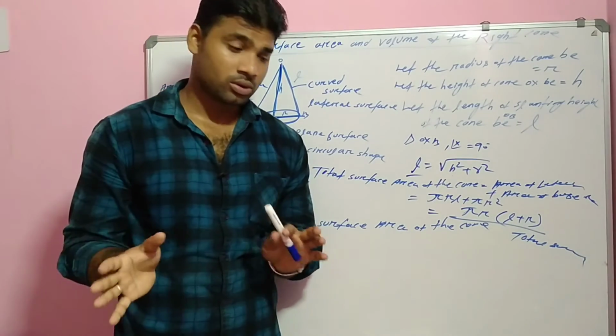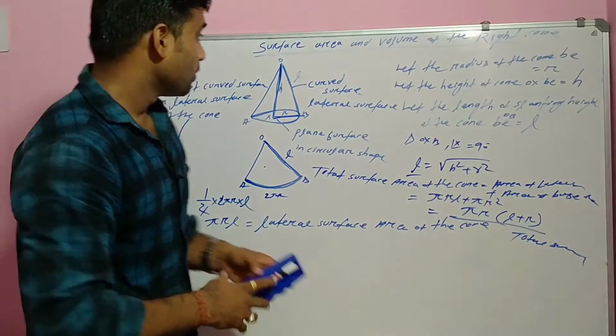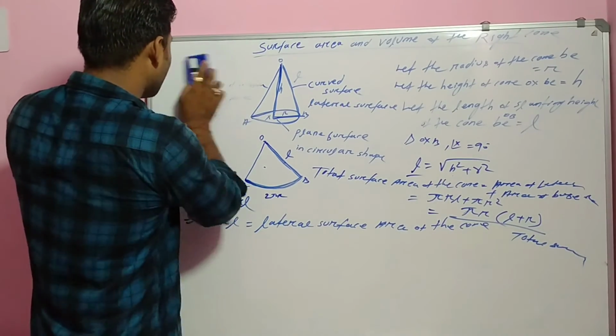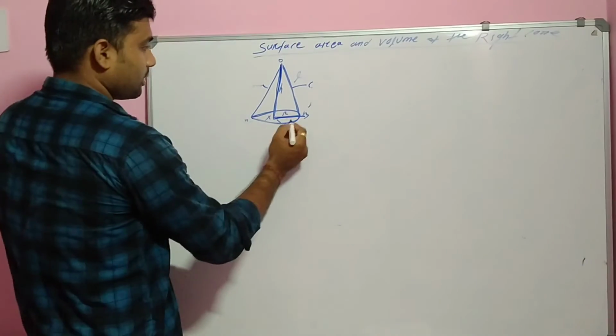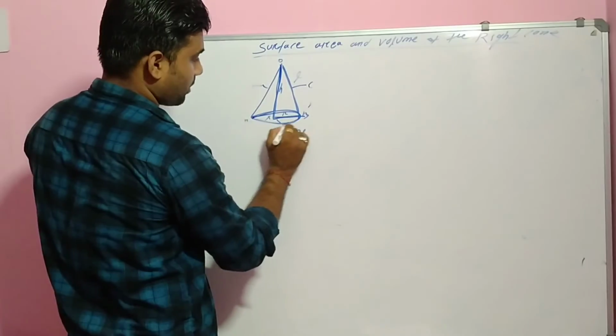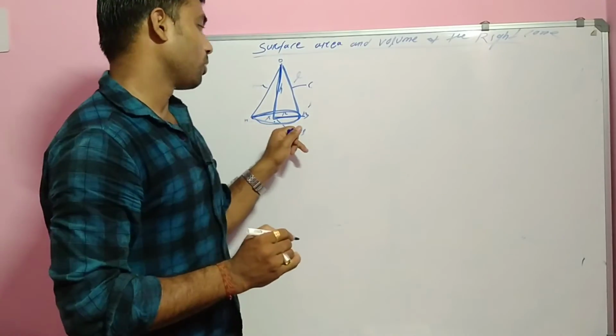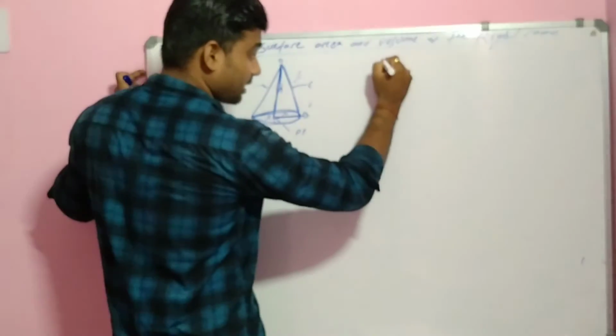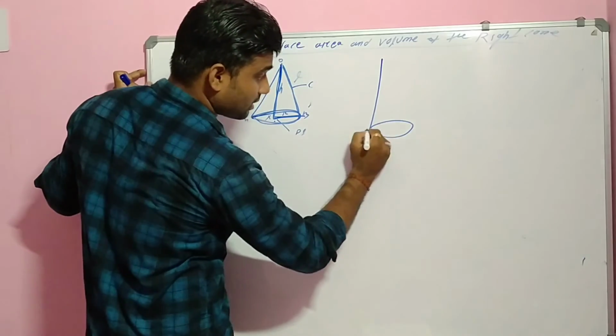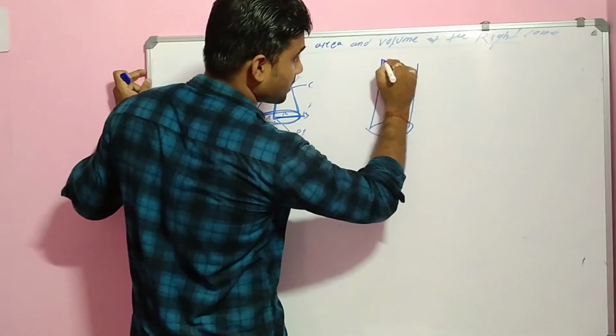Now, how do you find the volume of the cone? Let the radius of the cone be r and the height of the cone be h, and take the same radius and height for a cylinder.